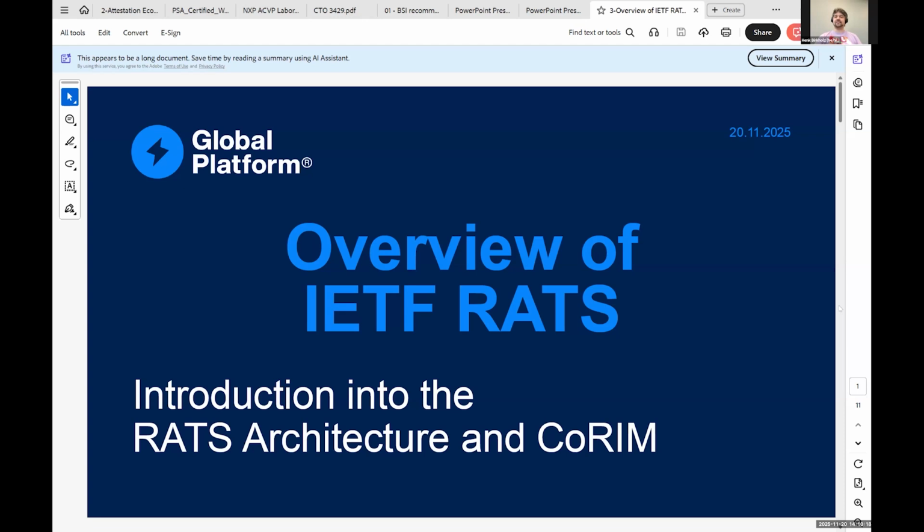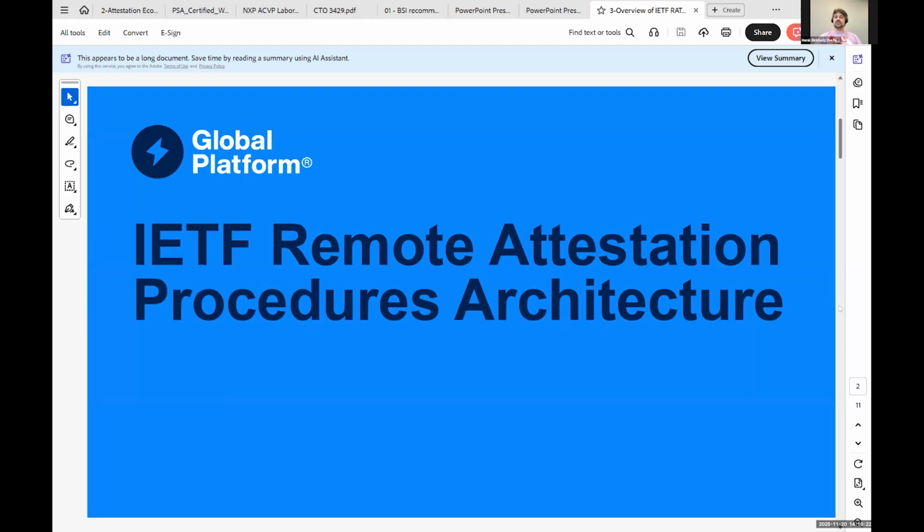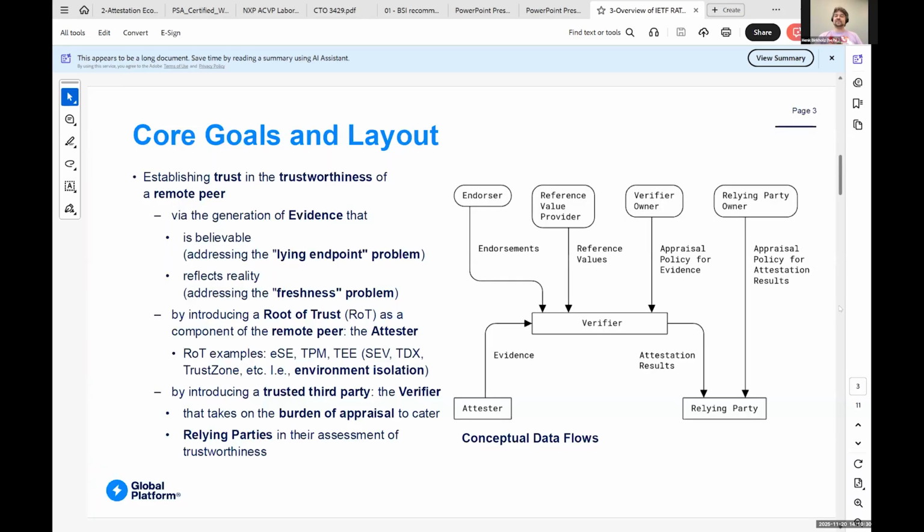So next slide, please. You can see on the right side the architecture. Next slide, please. You can see on the right side that there's a verifier in the middle of the diagram. This is literally Figure 1 of RFC 9334.